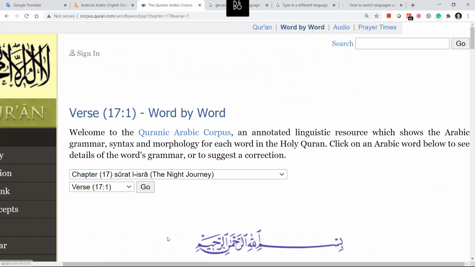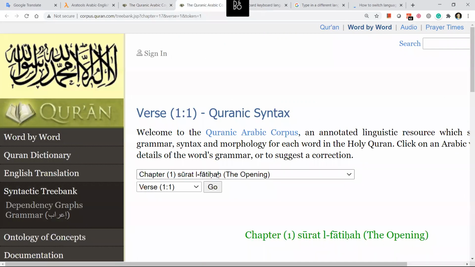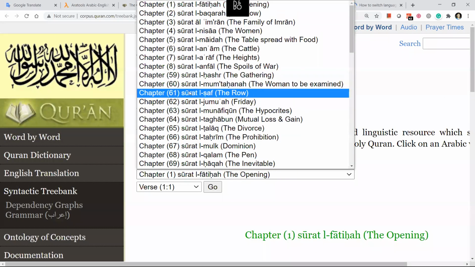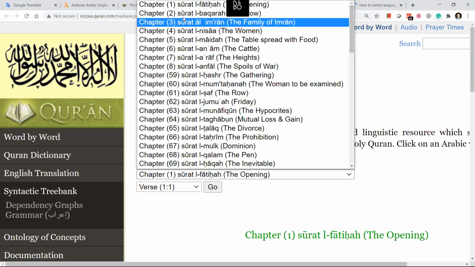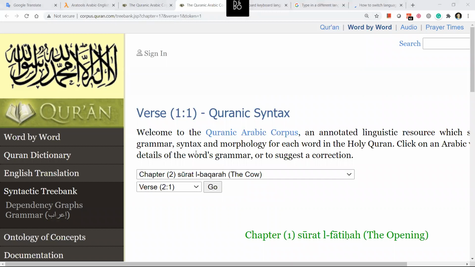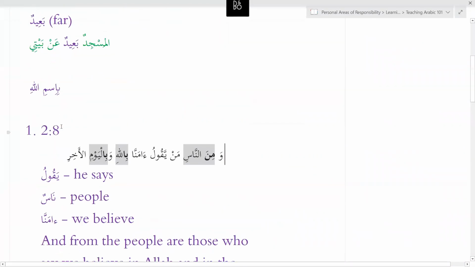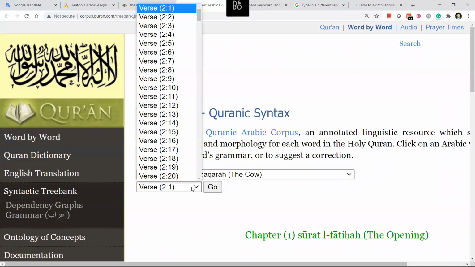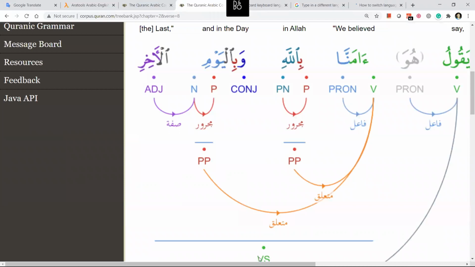In fact, there's one more nice tool. Let me see if I can go to that. It does not have 17, but this is beautiful. Let's go to Surah Al-Baqarah, 2:8, which we saw. It tells you which word is linked with what.